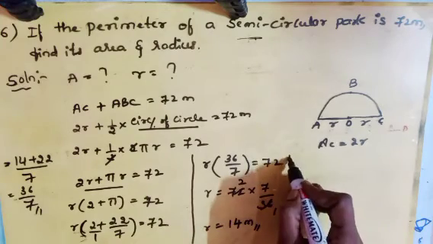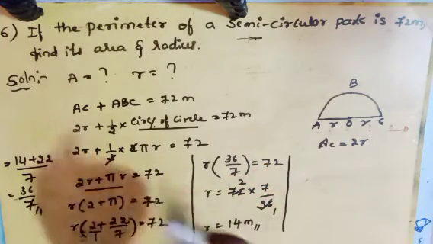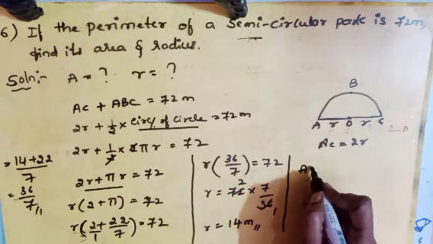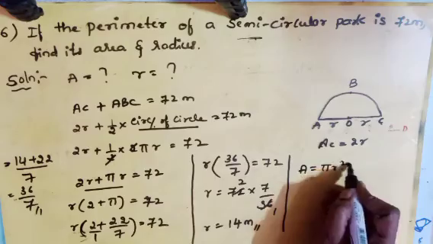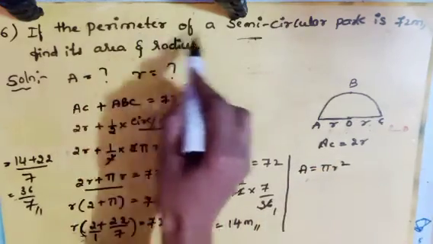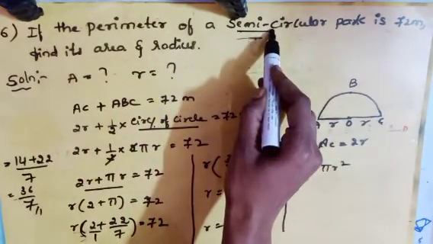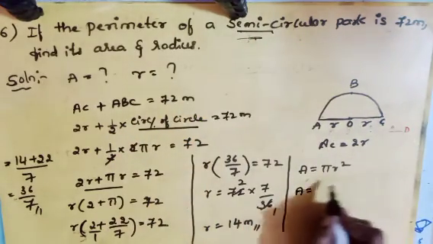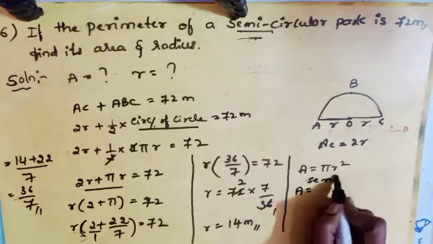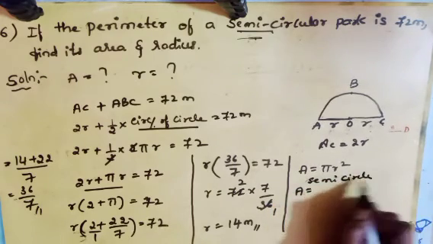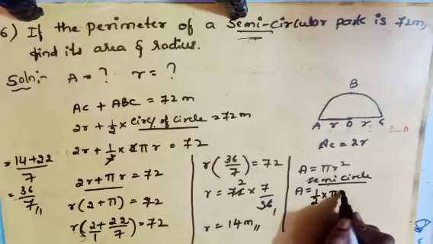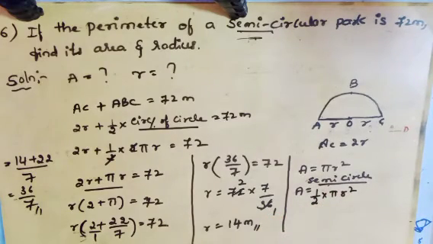By using this radius, let us find the area. The area of a circle formula is A equals pi R square. But we are finding it for a semicircle, so let us take A equals half into pi R square.